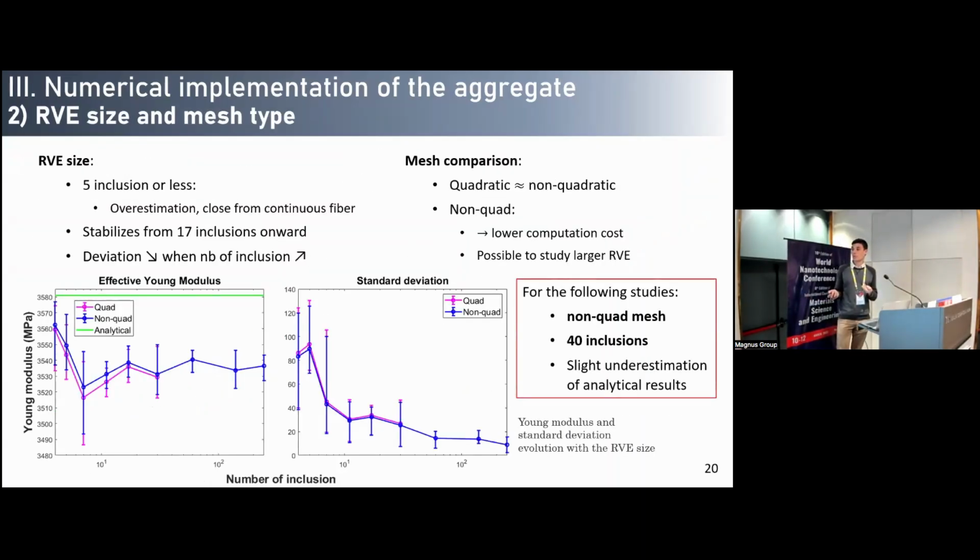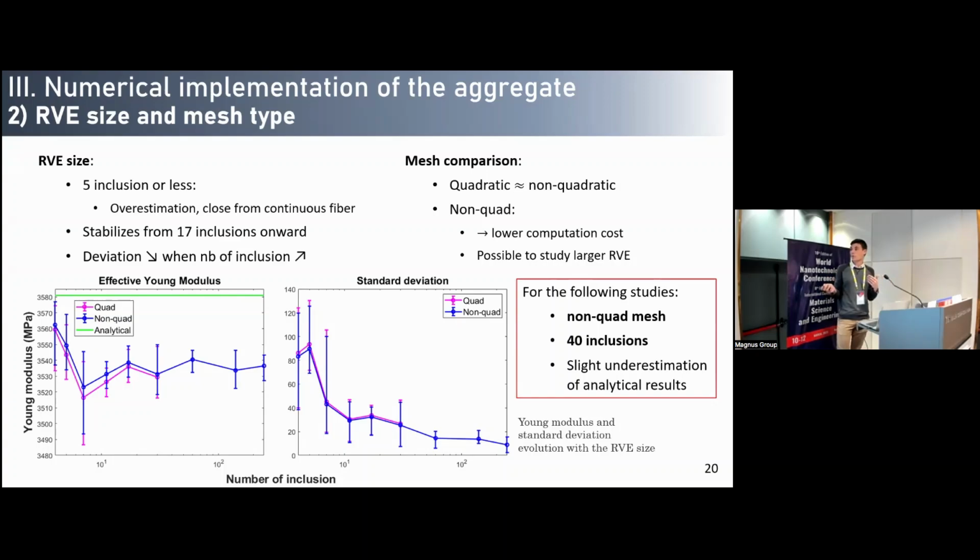Also, we did a comparison for the size, so how many particles needed to be considered. With this study of the evolution of the Young modulus depending on the number of particles, and also the standard deviation, because for each volume we repeat it 4 times to see if it's stable between each repetition, we find that the results tend to stabilize around 17 inclusions and above.